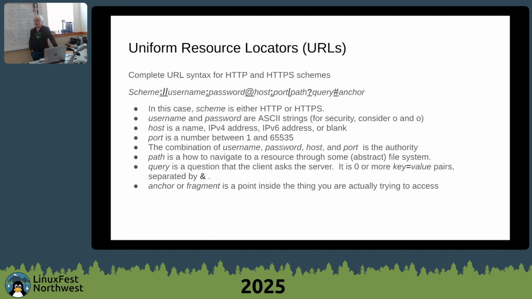Then it's followed by a path, which is a logical file system, not necessarily a physical one. But it could be a physical one if the people running the web server want it to be. And if you're using a file scheme, then it is a file system.